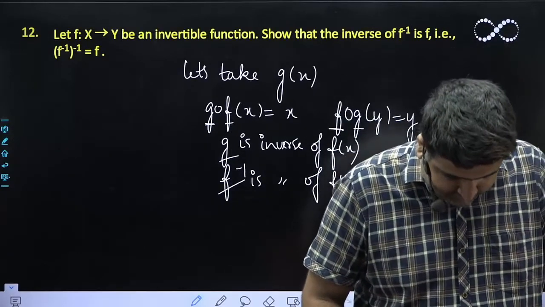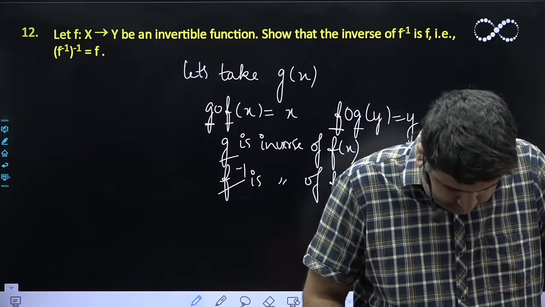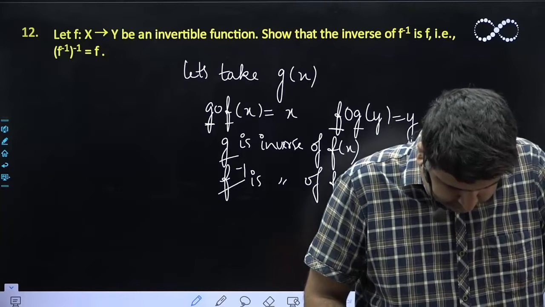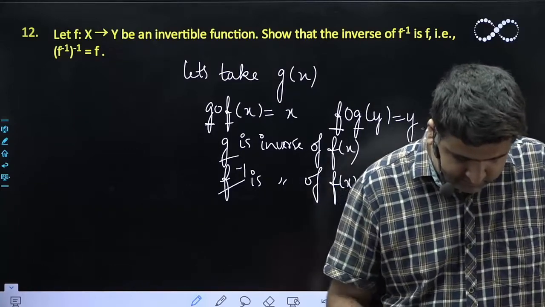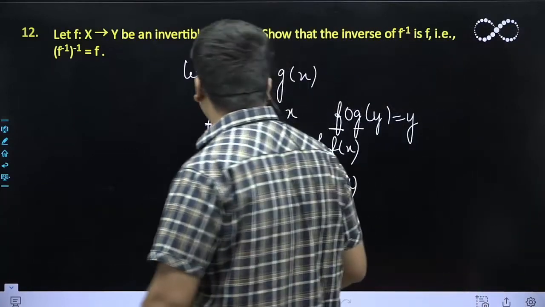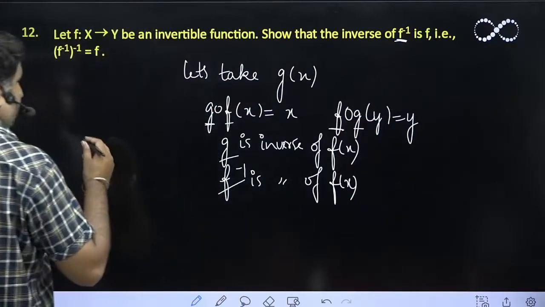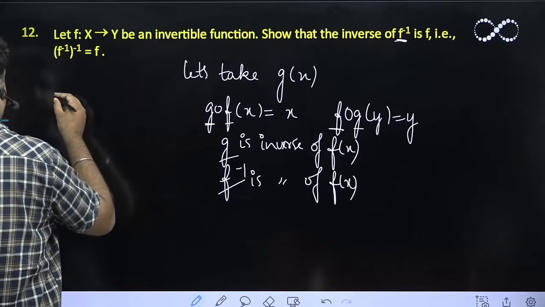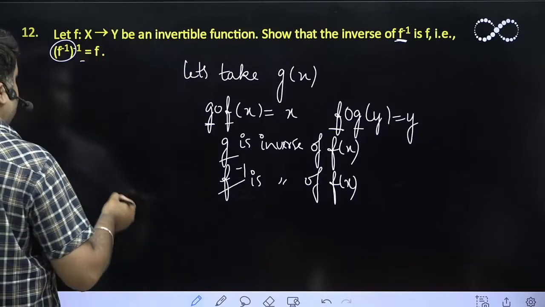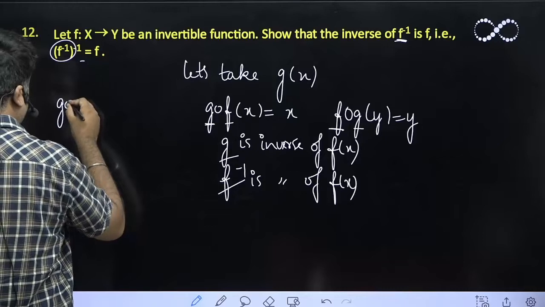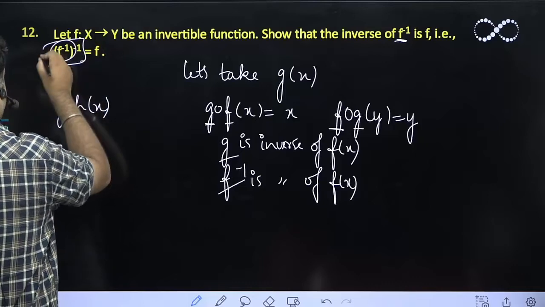Now in the next condition we have to prove that f inverse of inverse is equal to f. So now what we can do is we'll take this function f inverse, which is actually g, and now we want to calculate the inverse of that function. Let's say this whole function is h(x).